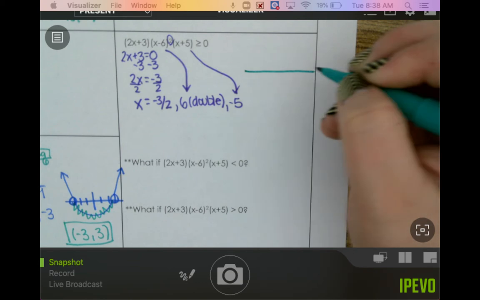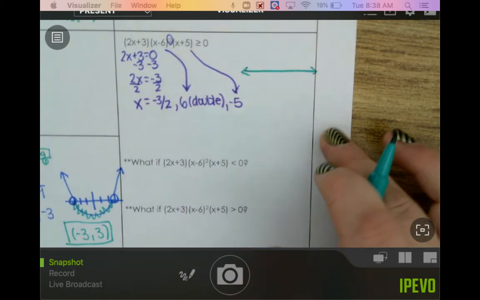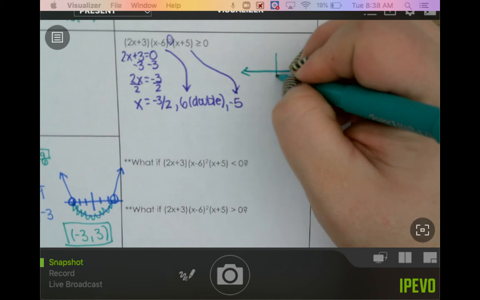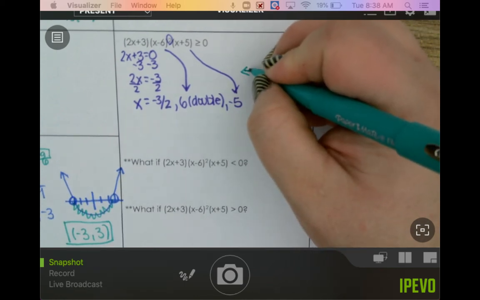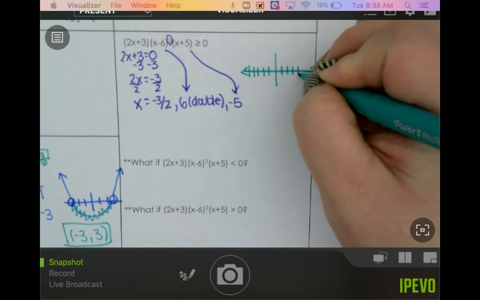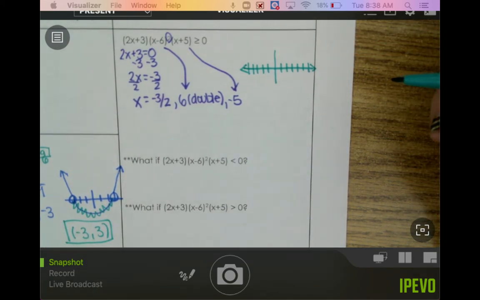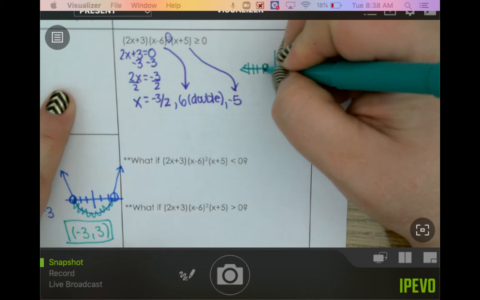And I'm still going to draw mine over here because I want space down here to write the intervals, but it's going to get a little scrunched. 1, 2, 3, 4, 5, 6. As you're drawing your little tick marks, make sure you go out to the biggest one. So when you go out to 6 and -5, I'm just making sure I draw enough to get there. When I go to do -3/2, that's -1.5. So I'm going to put it right here in between -1 and 2.